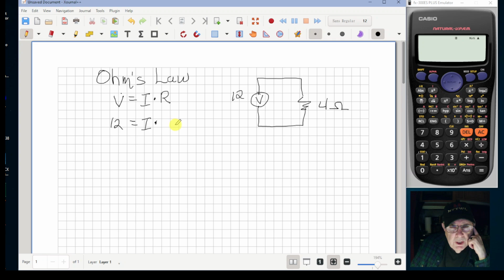My question is, how much current is flowing through the circuit if I have a 12-volt supply and my resistance is 4 ohms? Okay, so we have everything filled in except the I.